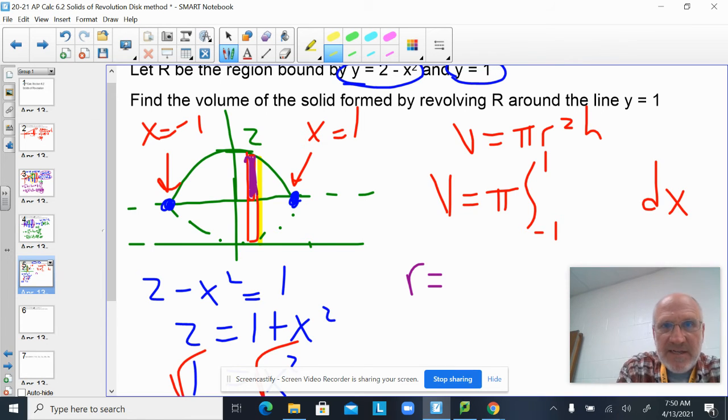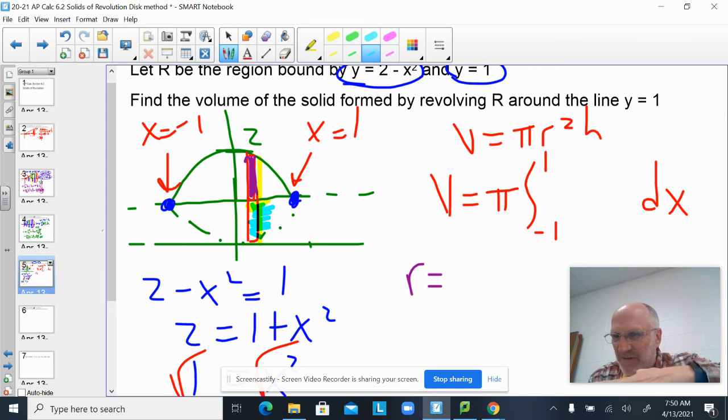Well, this distance down there is 1. So it's the y value of the function, which was that yellow, minus 1, because my axis of revolution was 1 unit up. Whatever the y value of the function is, and obviously that changes as I go throughout this football shape.